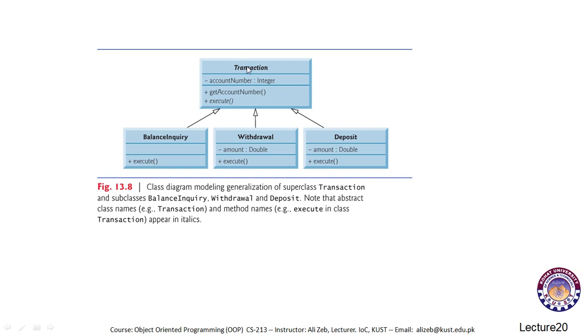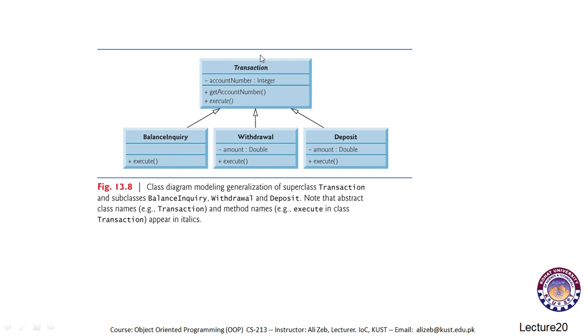So the Transaction class is abstract, and we can depict an abstract class or an abstract method in our class diagram by writing them in italics, as we can see in this diagram. If you remember the details of abstract classes, abstract classes cannot be complete without their subclasses.